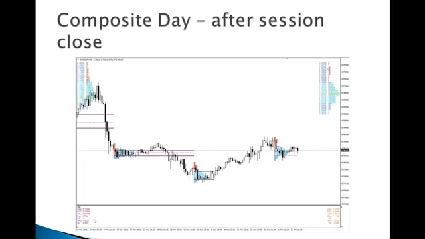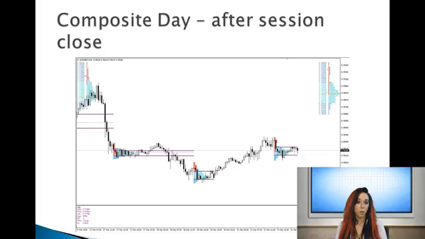Okay, so on the previous day, it's here. So previous day was neutral, if you can see here, and let's say today's day was down. So it was a sell day, composite sell day. So how do you look at composite day? It's basically splitting the profile into fours, into quarters, and then looking at in which quarter the market actually opened, and then gauging whether it's up, down, or neutral by the location of the open after the day.